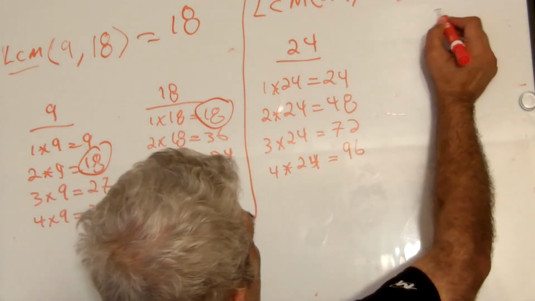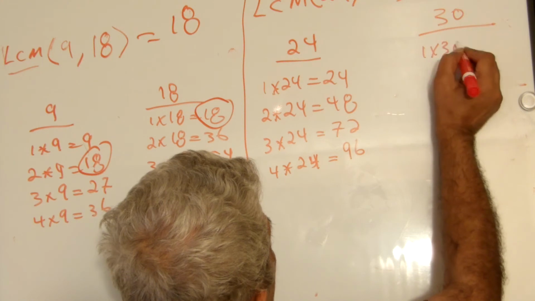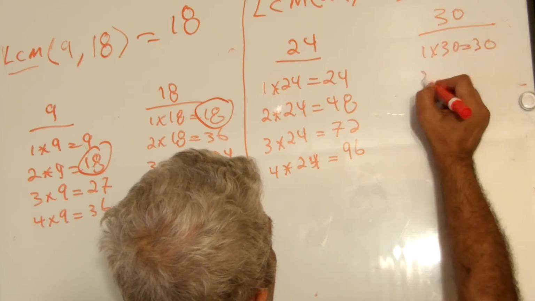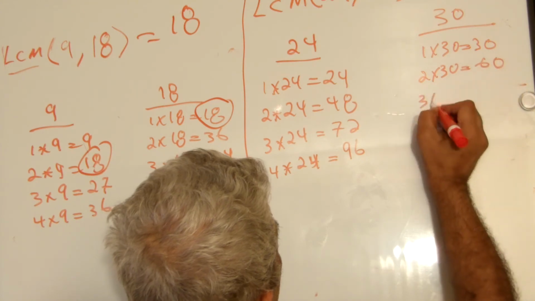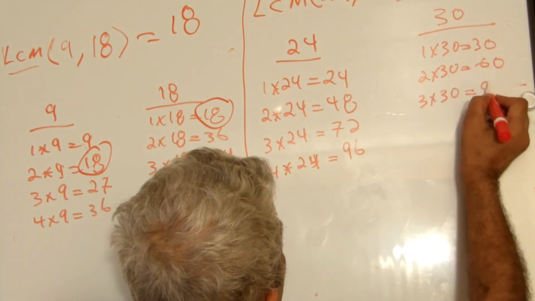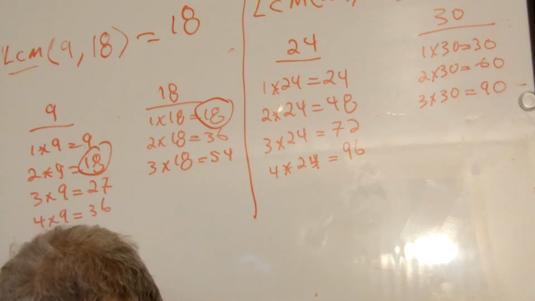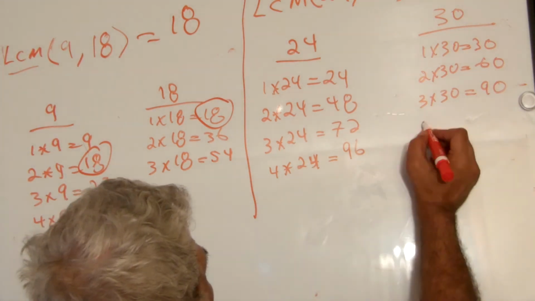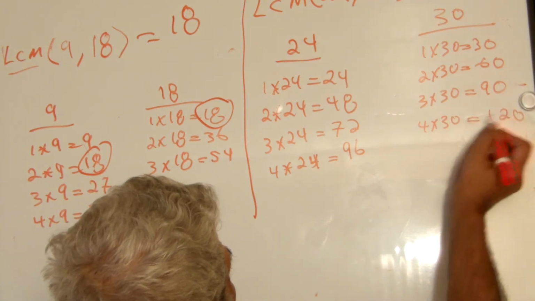How about 30? 1 times 30 is going to be 30. 2 times 30 is going to be 60. 3 times 30 is going to be 90. 4 times 30 is going to be 120.